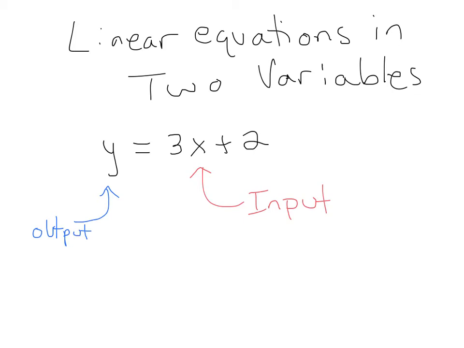It is said that y is the dependent variable and depends on whatever x is. So x is independent of y, but y depends on the value that you put in this equation for x. Okay, so this makes a little bit of sense. Let's try to use it.